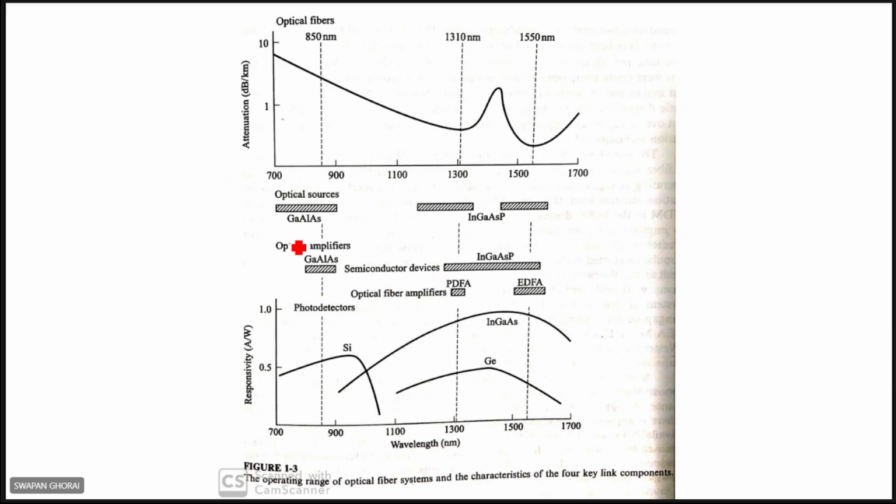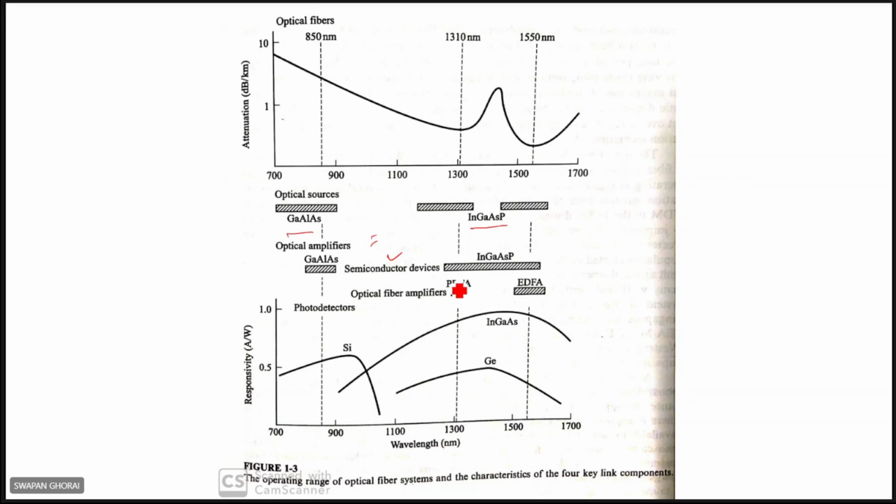We'll discuss in detail. Gallium arsenide, aluminum arsenide is for the shorter wavelength regions, and for the longer wavelength regions it is indium gallium arsenide phosphide, right? And optical amplifiers are there. Optical amplifiers can be semiconductor based or fiber based. Fiber based means EDFA, or erbium doped fiber amplifier, or praseodymium doped fiber amplifiers.